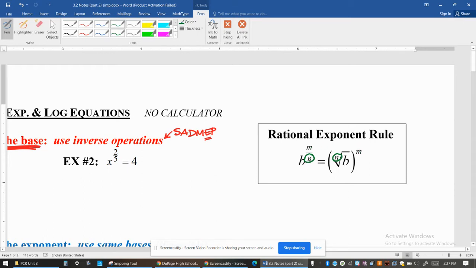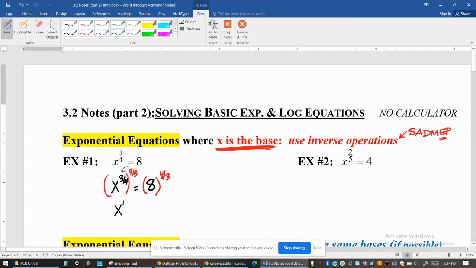So the root is the denominator. All right, so that's going to help us over here. We need to simplify 8 to the 4/3. So 8 to the 4/3 is actually the cube root of 8 to the 4th power. So pause for a second and make sure that you understand how to convert from rational exponent to radical or root notation.